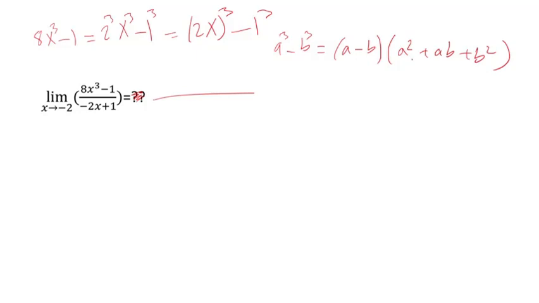So I would recommend watching the video on remarkable identities. In this case, my a is 2x and my b is 1.